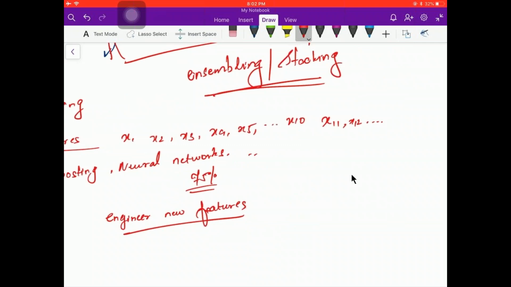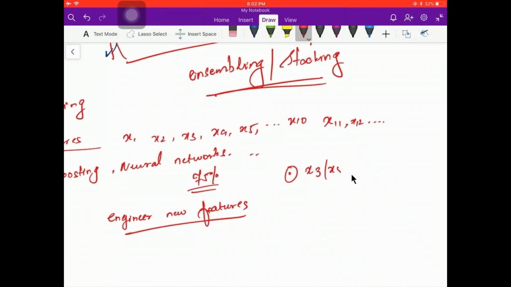How do you build new features? One way would be to take modifications. Let's say x3 and x5 are there. Can I take x3 by x5, or x3 into x5, or x3 into x5 square, or x3 square into x5? So you can start building on features.